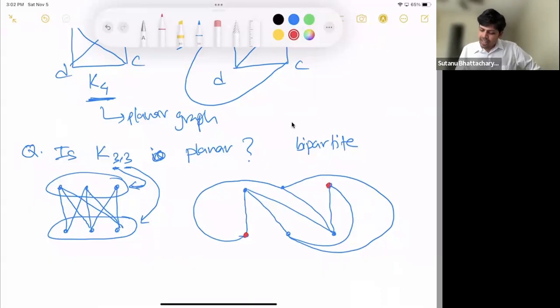We cannot draw an edge between these two vertices without any edge crossing. So far there is no edge crossing, but now we cannot have any edge between these two vertices without crossing. So the answer would be no. So K3,3 is not a planar graph.